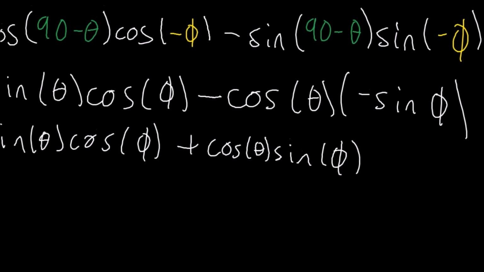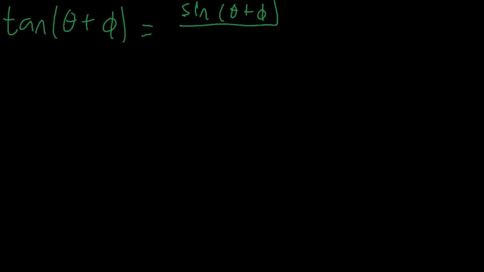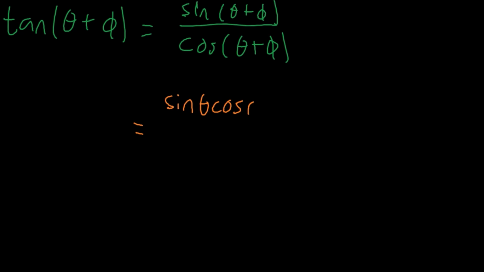And now, all we have left is the tangent. So the tangent of theta plus phi equals the sine of theta plus phi divided by the cosine of theta plus phi, because this was our identity. So the sine of theta plus phi is sine of theta cos of phi plus sine of phi cos of theta.